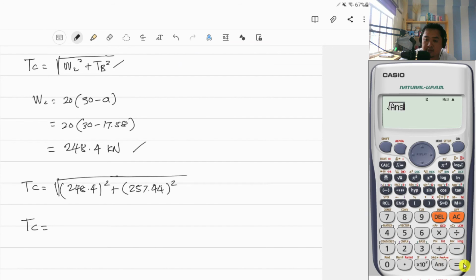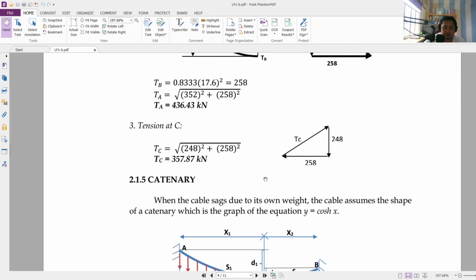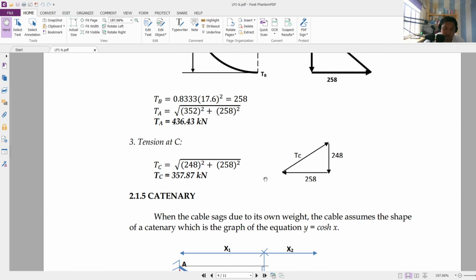Square root answer. So 357.74 kilonewton. Okay? So this is the answer for number 3. There is just a small difference between the answer of our LP, because this is due to rounding off.